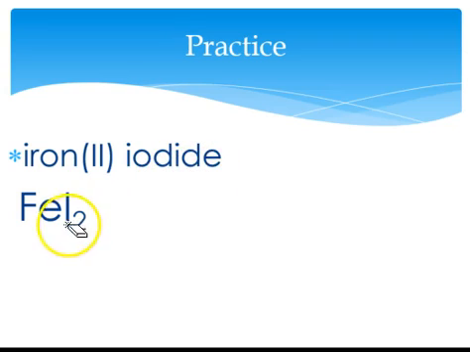So iodide is just the letter I. It's not iodate and it's not iodite. So there's no oxygen with it. So still symbols and charges, reduce if you can, switch to subscripts.